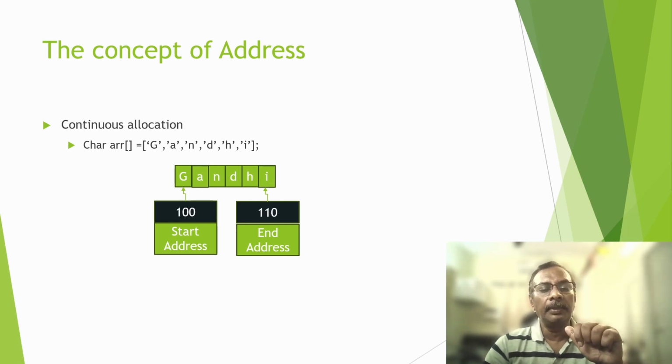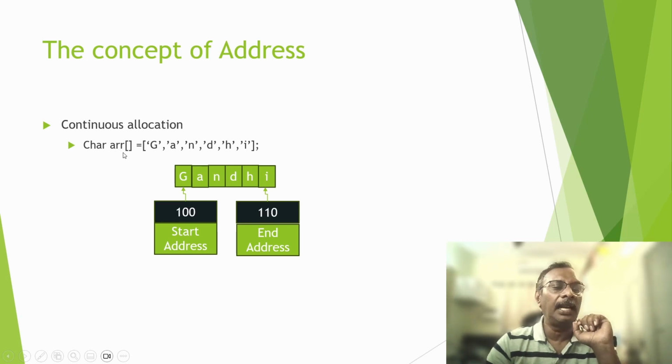So I will be 110. The starting byte address will be 110. See the address. Now what will happen is, when I define an array like this, it will define a variable in the memory itself called ARR, and it will take the start address and assign.